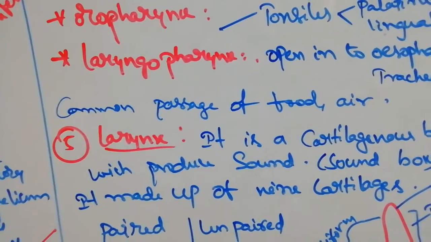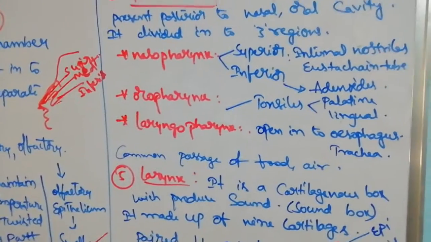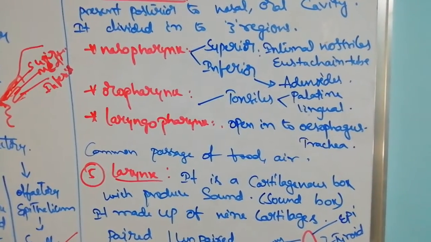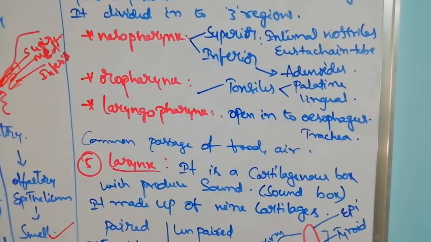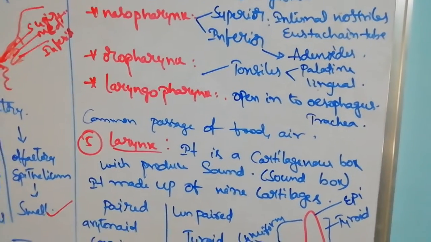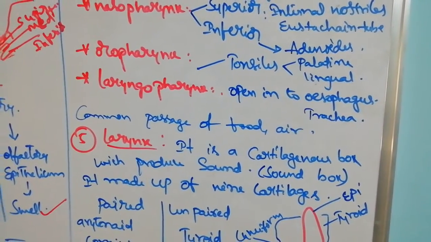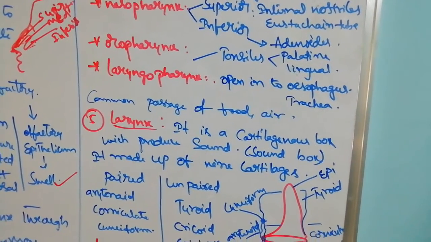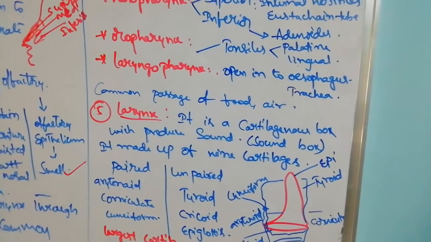It is the last part of the pharynx. So the pharynx is divided into nasopharynx, oropharynx, laryngopharynx. The nasopharynx contains internal nostrils, eustachian tube, adenoids, whereas the oropharynx contains palatine tonsils and lingual tonsils. The laryngopharynx opens into the esophagus and trachea.